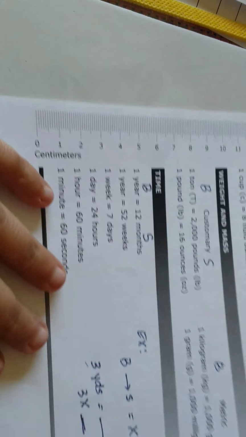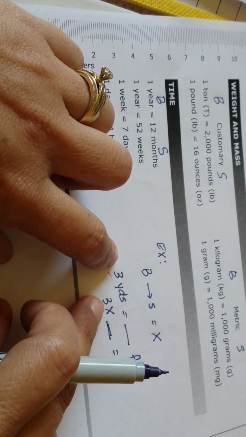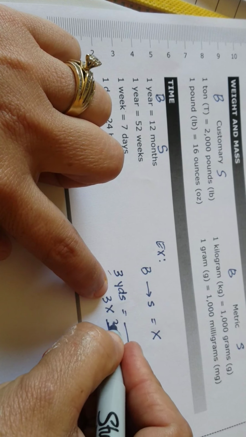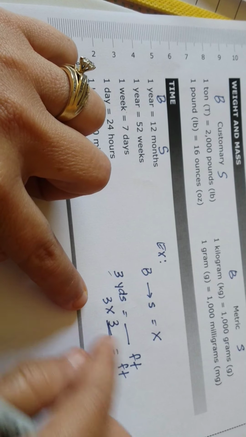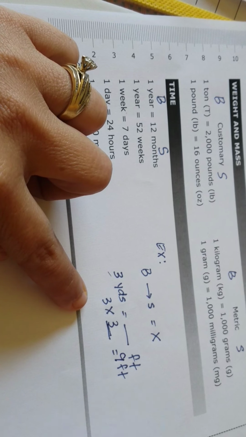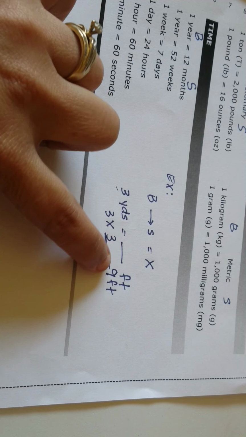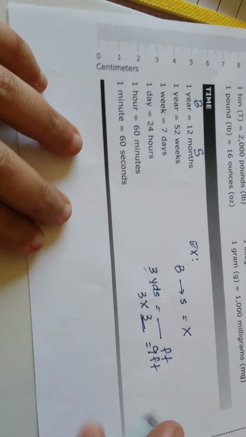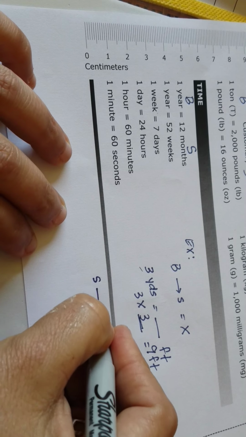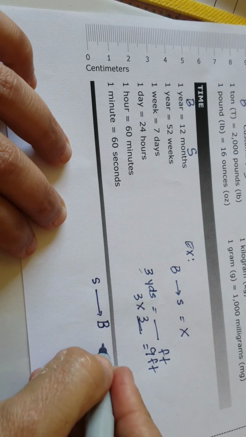So you're going to multiply the 3 yards that you already have times 3. And 3 times 3 gives you 9. So how many feet are in 3 yards? There are 9 feet.